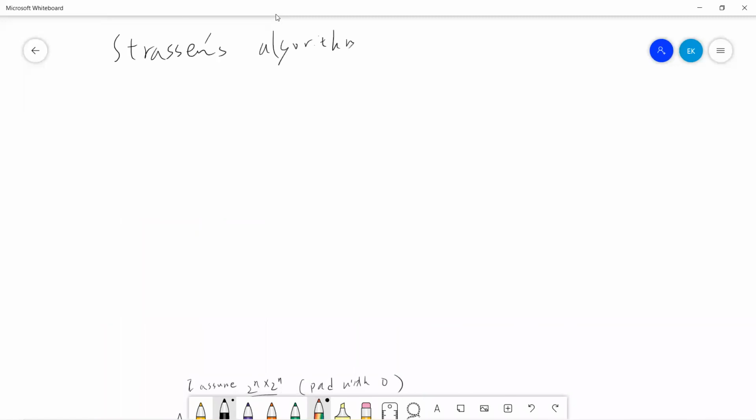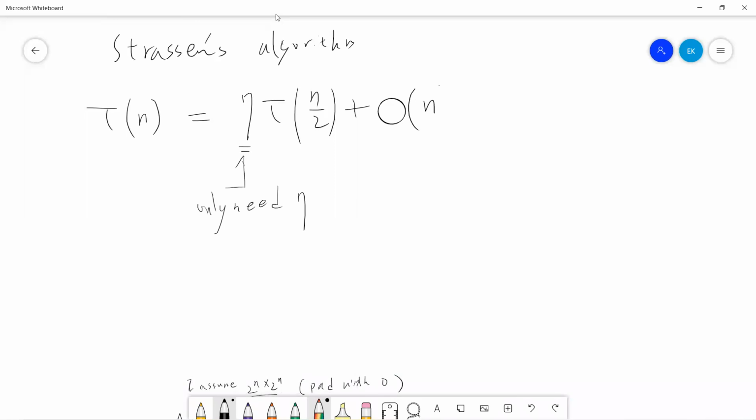If I use Strassen's algorithm, then my T of n will be 7 times T of n divided by 2, because I separate into 2 but I only need 7 matrix products, plus O of n squared. Now I can apply the master theorem.